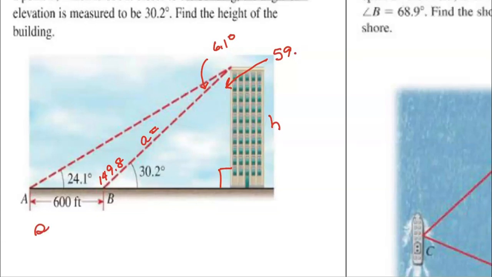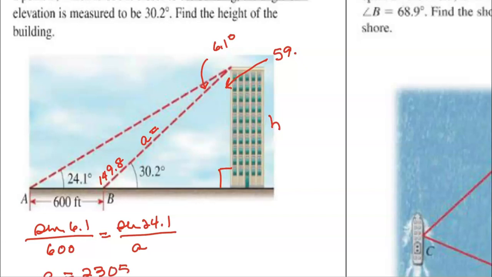So I'm going to say the sine of 6.1 over 600, that's the magic pairing, equals the sine of 24.1 over little a. When I do that, I get little a to be 2,305.6, and that's going to be feet.